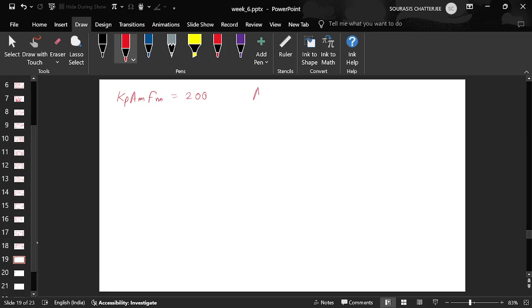So we have Am equal to 1 and fm equal to 1000. So kp times 1000 is equal to 200. So for that phase modulated system, kp is equal to 1 over 5.